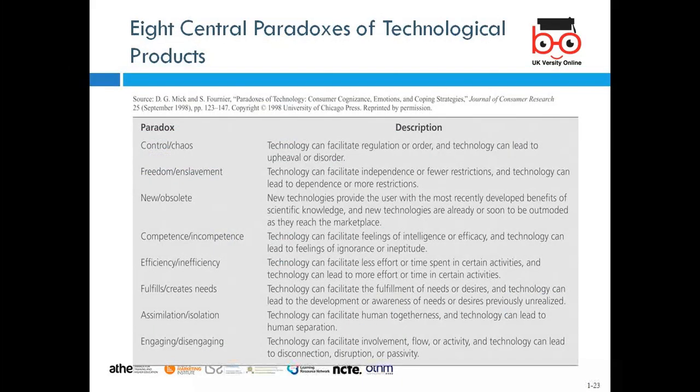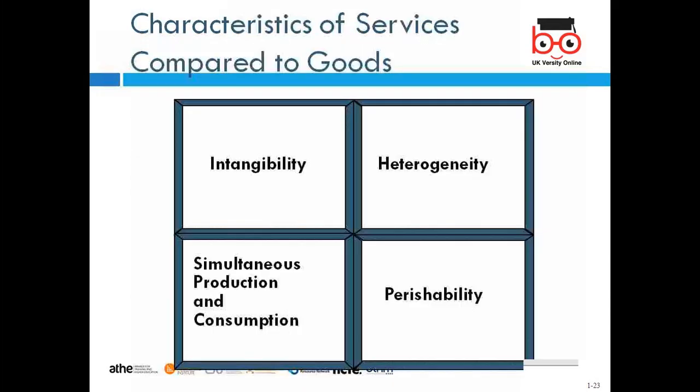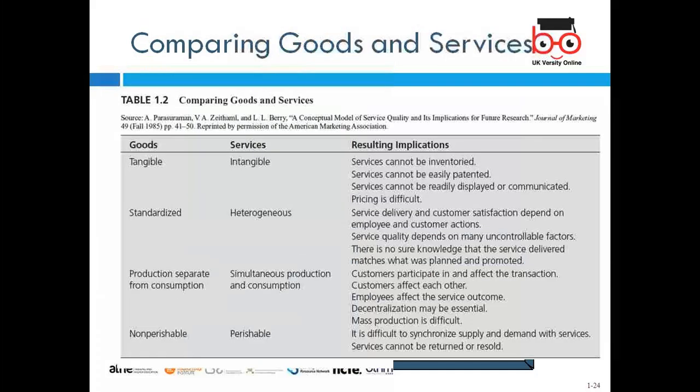So we need to be focused, and technology can play a significant role within it. We need to look at what sort of technology, a description of the technology. So when we're looking at the service, we look at intangibility, heterogeneity, perishability, and simultaneous production and consumption. Services are intangible.